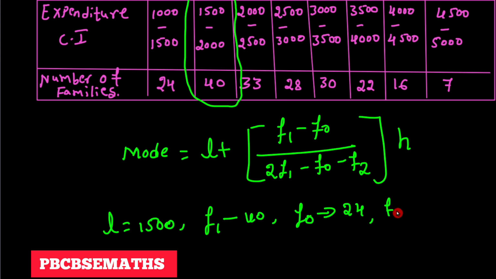Then F2, the frequency next to the modal class, which is 33. At last, let's write the value of H, that is the class size. Class size can be found by subtracting the lower limit from the upper limit of any of these class intervals, which is going to be 500.